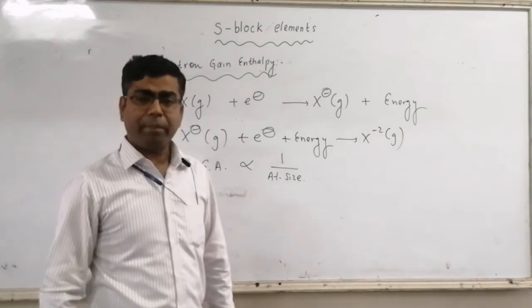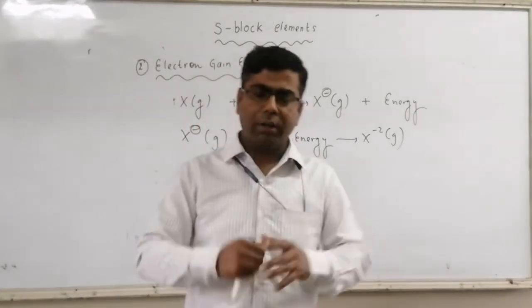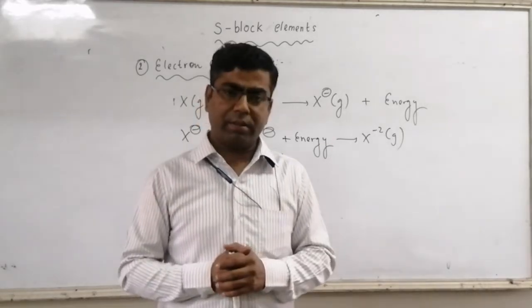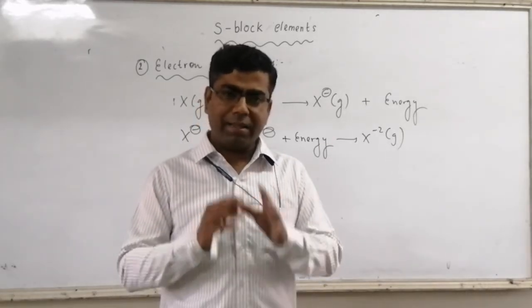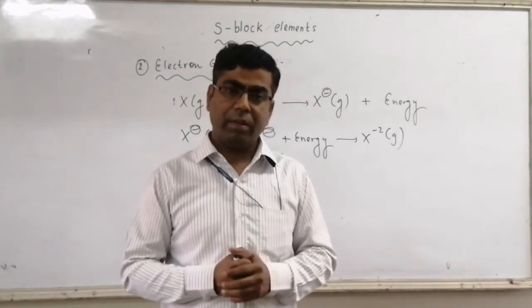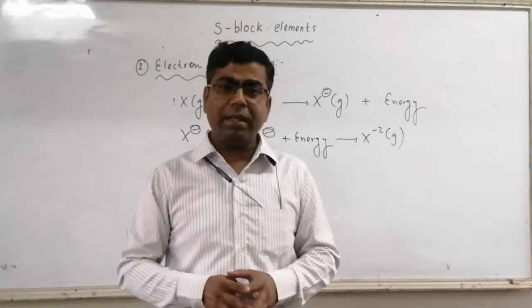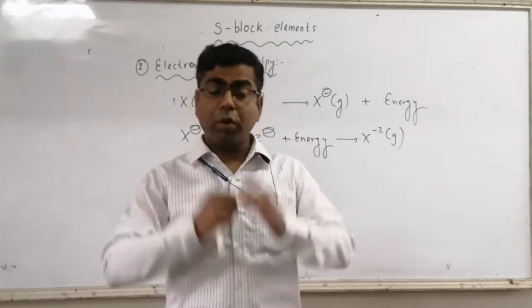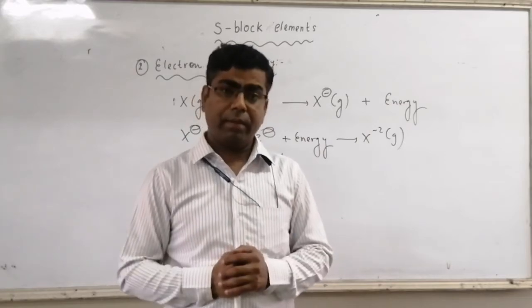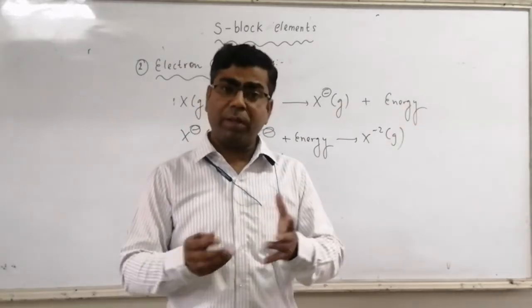The reason is very simple. If an atom is small, then its valence shell will be close to the nucleus. And if the valence shell is close to the nucleus, addition of an electron will be easy. If addition of an electron is easy, then the release of energy will be more. If atomic size is more, on the other hand, then the valence shell will be far away from the nucleus.